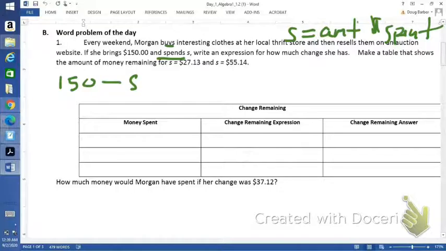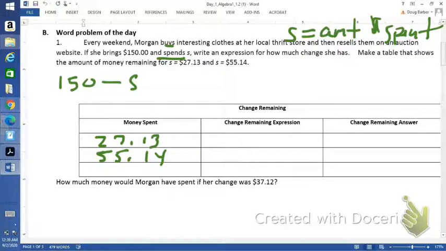Now, we're going to use the table to show the amount of money remaining, or the change that she has if she spends $27.13 and $55.14.